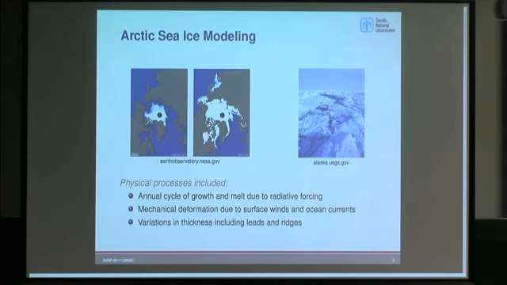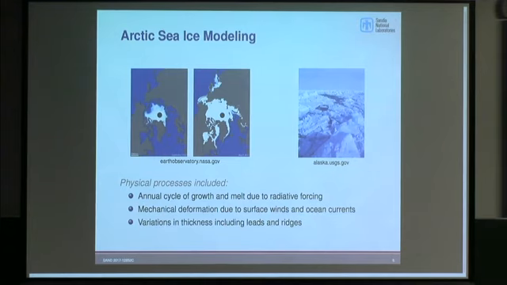In terms of this large-scale modeling, there are a lot of processes that have to be included. One of the big things, of course, is getting the annual cycle of growth and melt due to radiative forcing correct. On the left is a picture from NASA for a typical summer extent of the ice and then a typical winter extent.